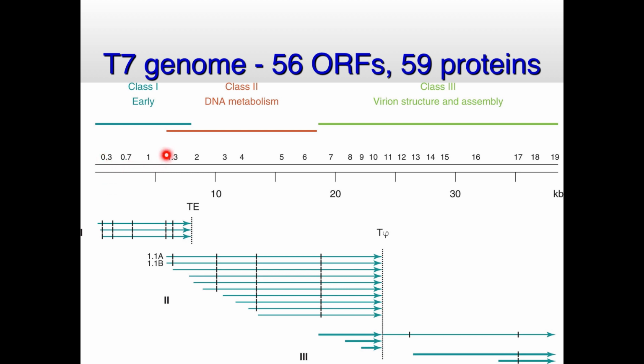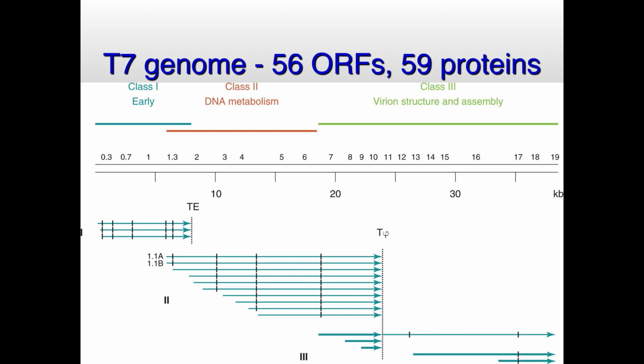That starts to pull it in until you translate the T7 DNA-dependent RNA polymerase, which will now bind to all of these class 2 promoters, pull the rest of the genome in, eventually bind to the class 3 promoters, again, as they're coming inside the cell, and make lots and lots of these, particularly structural proteins, the major structural proteins here, and then some of the more minor structural proteins as well.